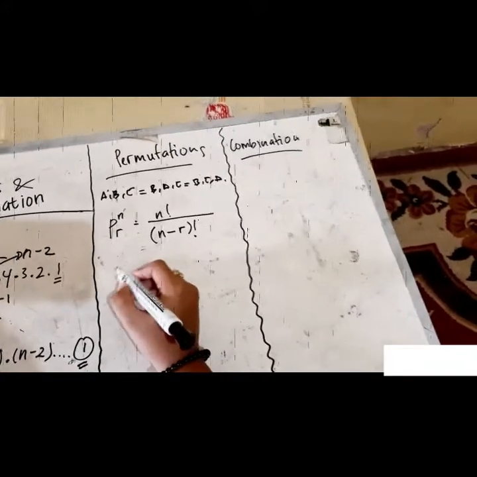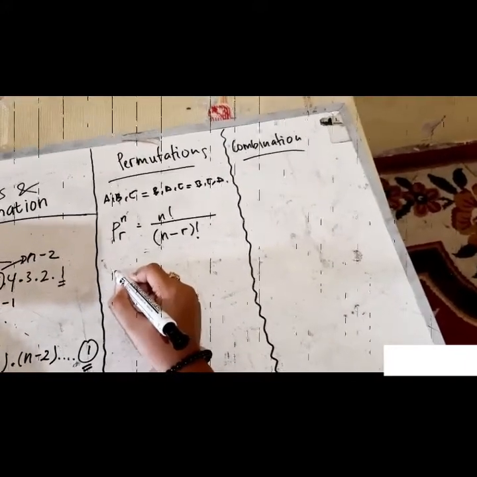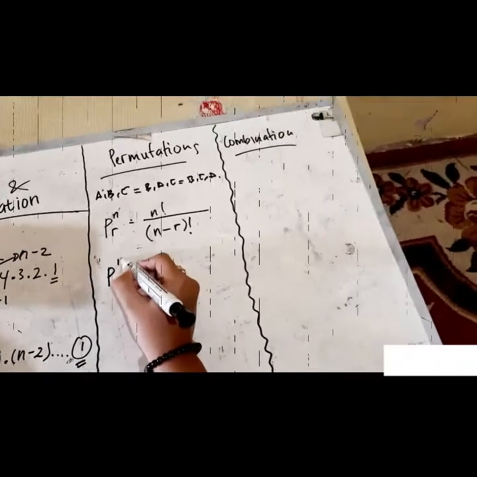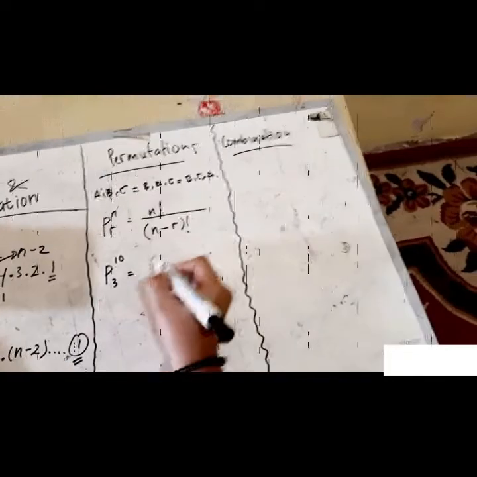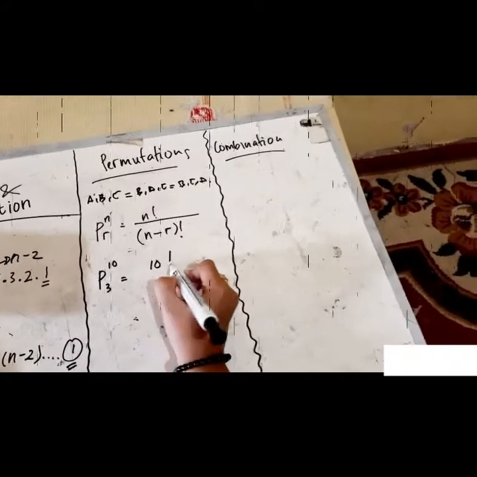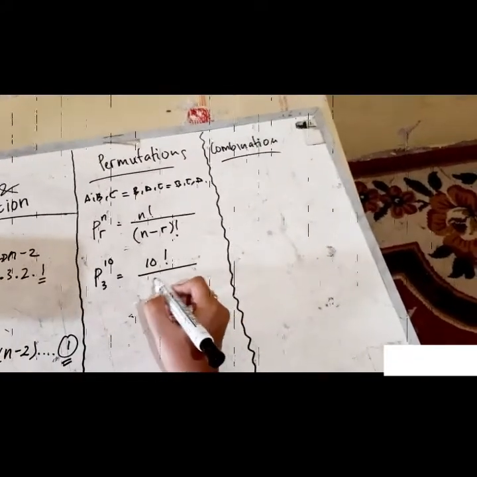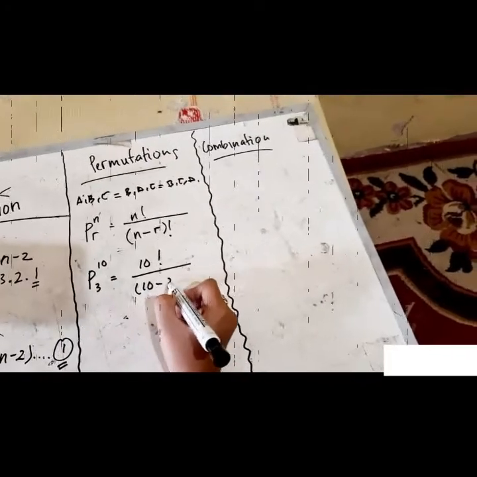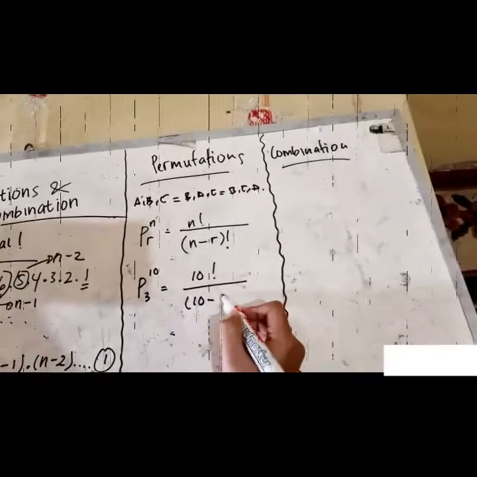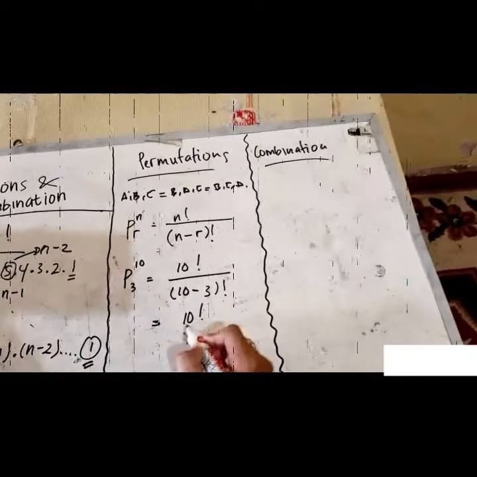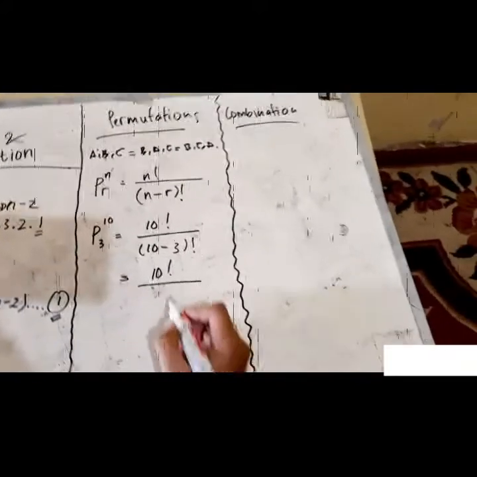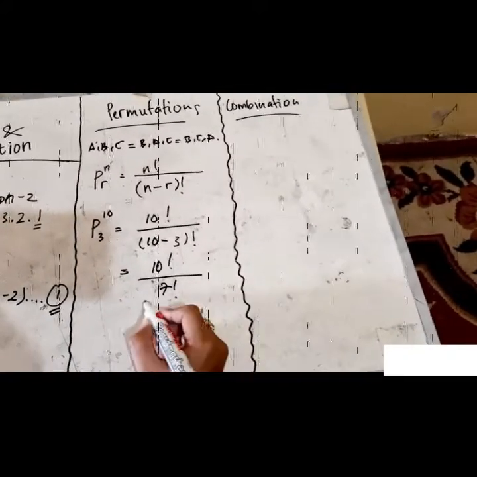Example, permutation 10 of 3 equals 10 factorial per (10 minus 3) factorial, equals 10 factorial per 7 factorial.